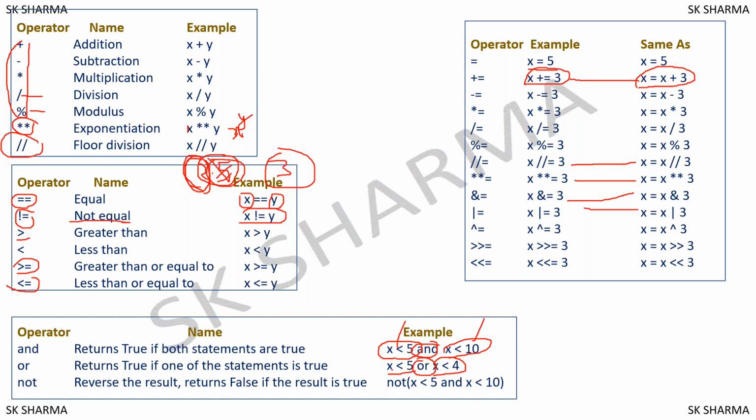True meaning correct. If x is less than 5, then the answer will be true. The answer is always either true or false in logical operations. For not, if this complete expression gives true, then not will make it false. If the inside operation is false, then not outside will make it true. This is how it works.